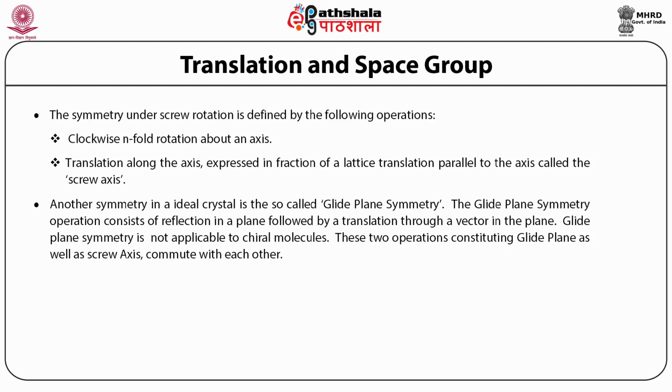So, the symmetry of the crystal is such that the symmetry is restored after a reflection in the plane followed by a translation through a vector in the plane. Glide plane symmetry is not applicable to chiral molecules. These two operations constituting glide plane as well as screw axis commute with each other.